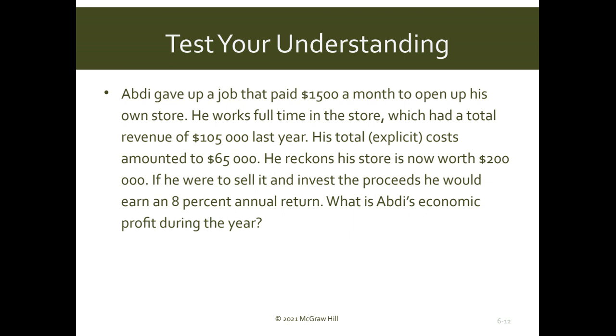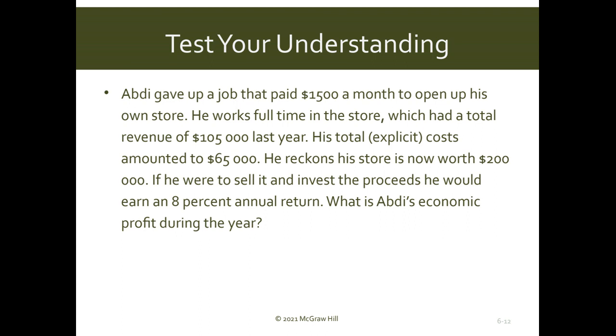So Abdi gave up a job that paid $1,500 a month to open up his own store. So now Abdi is opening up his own business, and he just gave up his job, and he was earning $1,500 per month.